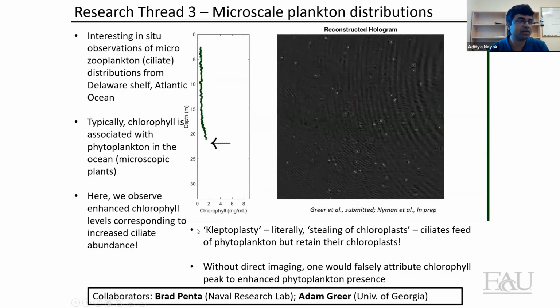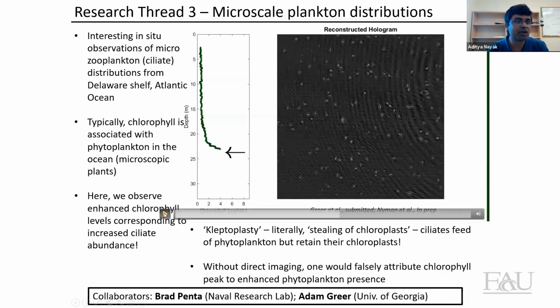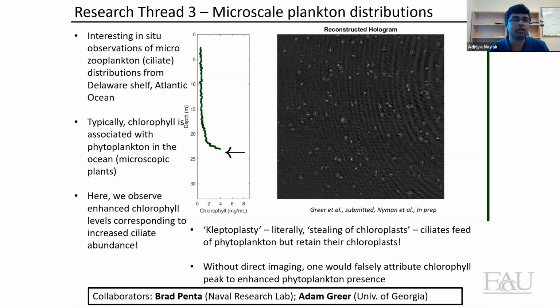And as it starts increasing, I'll pause a bit here. You see an increase in the number of these smaller organisms, right? I wish I could have zoomed in further and shown that to you. These are organisms known as ciliates, which are zooplankton, right? So remember, zooplankton typically aren't an indicator of chlorophyll, because they don't have any chloroplasts.